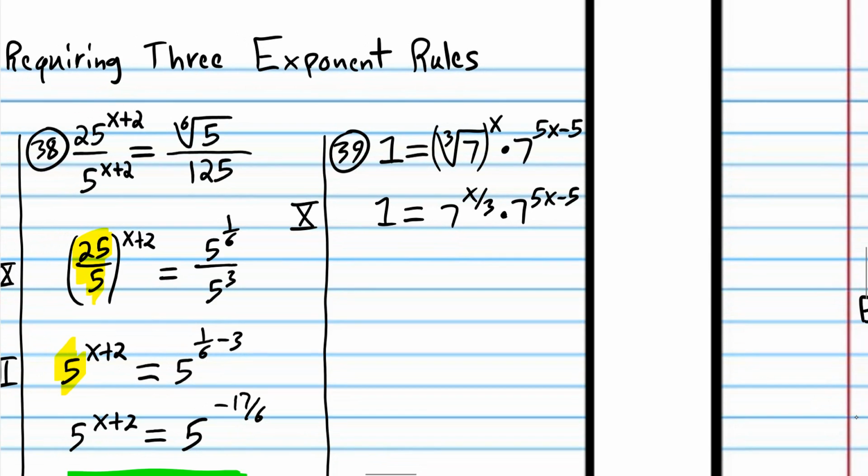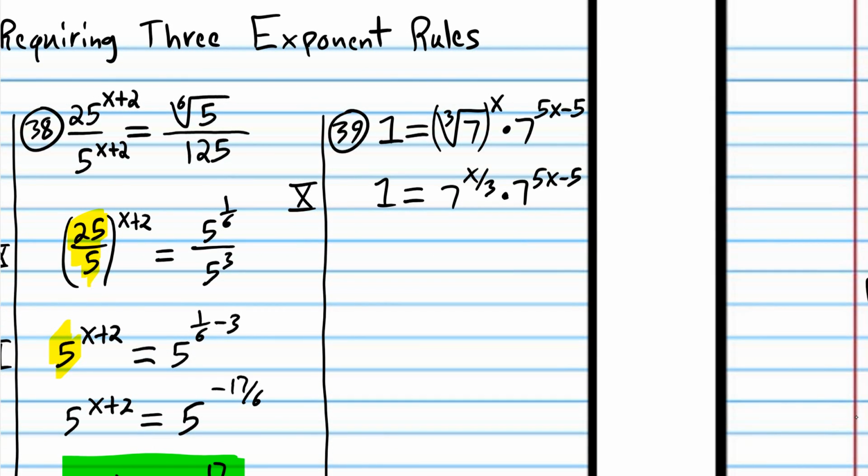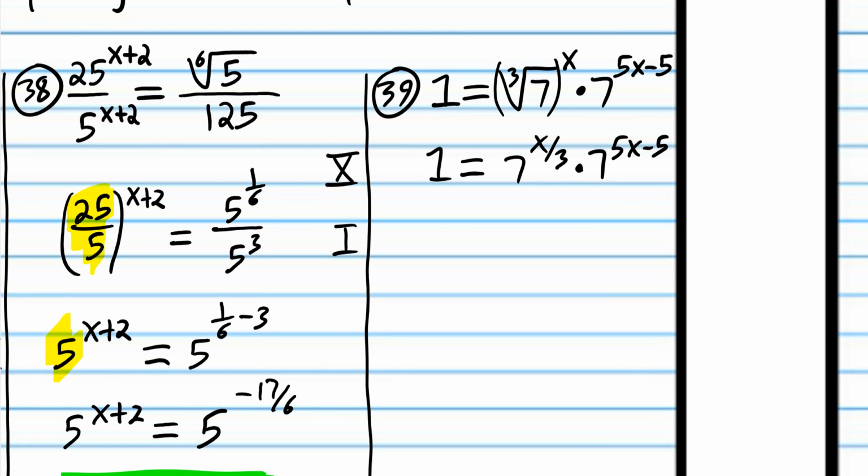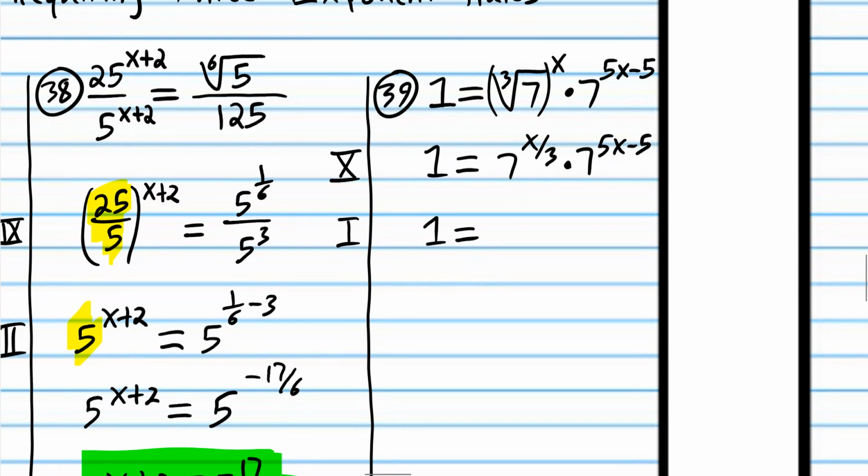And then I'm going to use rule number 1. For multiplying powers, we add the exponents if the bases are the same. So we have 7 to the x over 3 plus 5x minus 5.